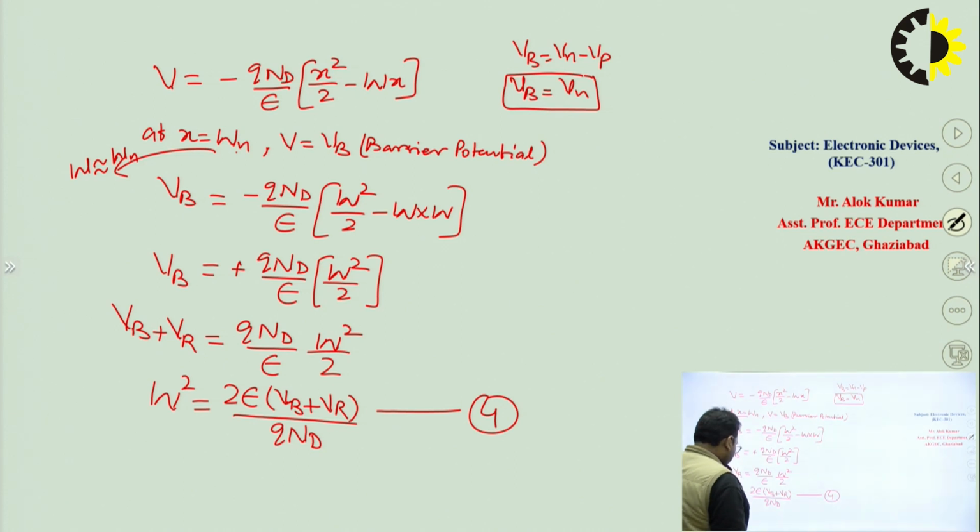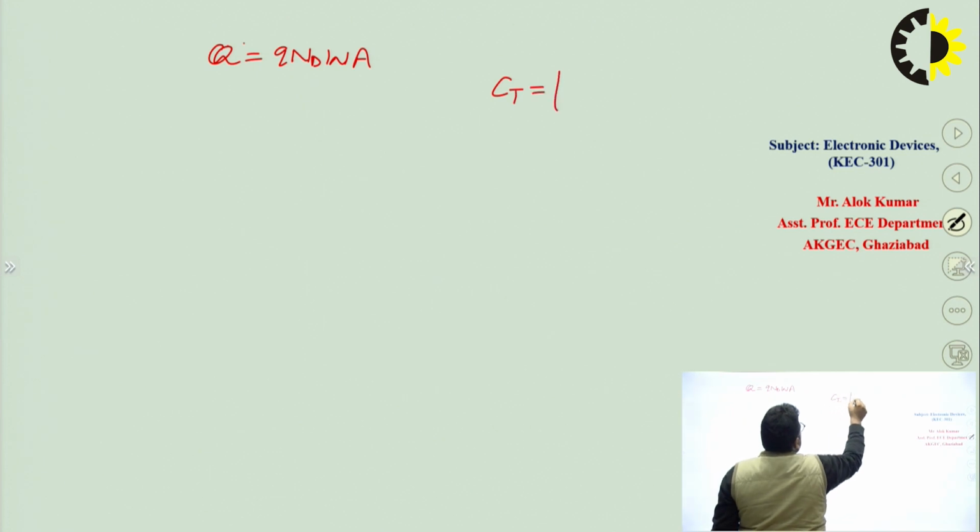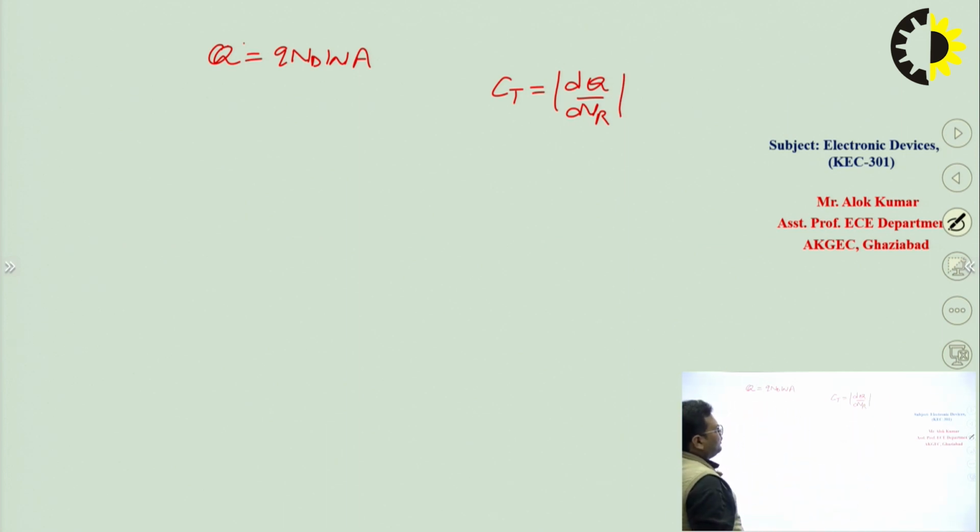Now the total charge Q can be written as Q is equal to q into Nd into W into A. I want to find out the value of capacitance CT. CT is equal to dQ by dVR in case of reverse bias, right? So it should be the value of the transition capacitance CT.